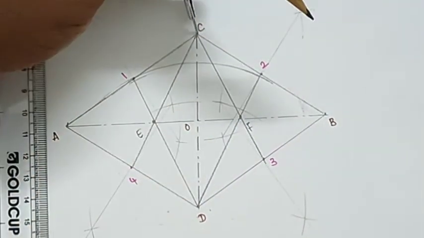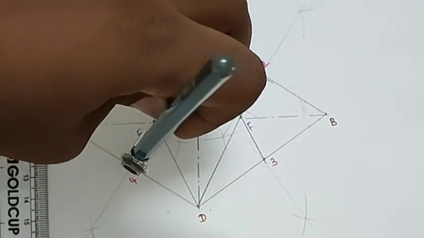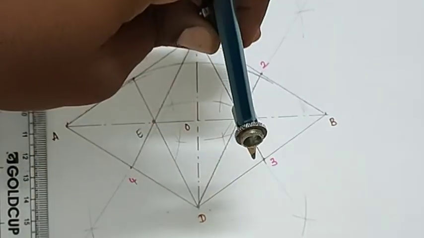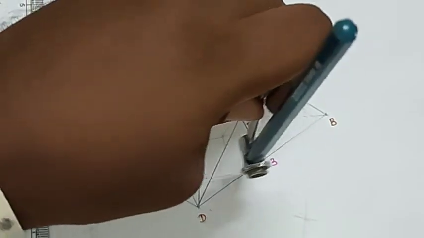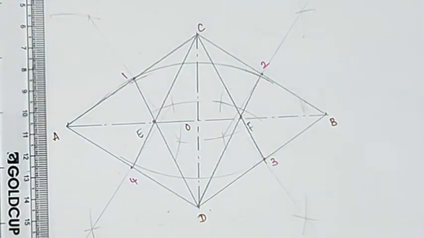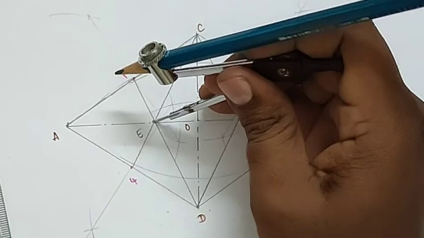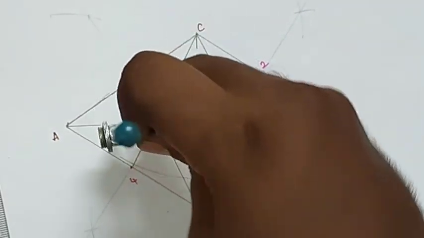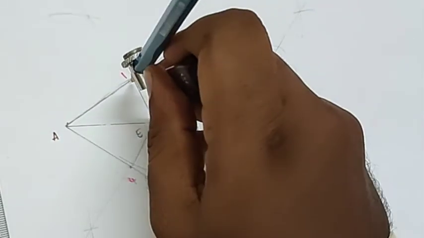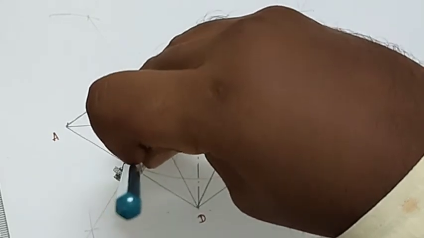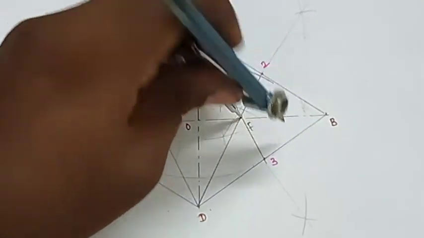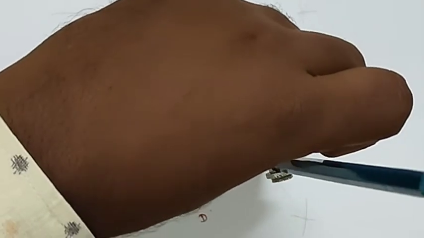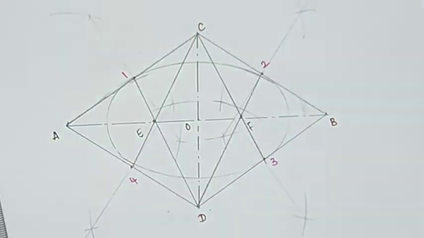Similarly, taking C as center and C4 or C3 as the radius, draw a large arc. Similarly, with E as center and E1 or E4 as the radius, we will draw the arc. Similarly, with F as center and F3 or F2 as the radius, we will draw the arc.